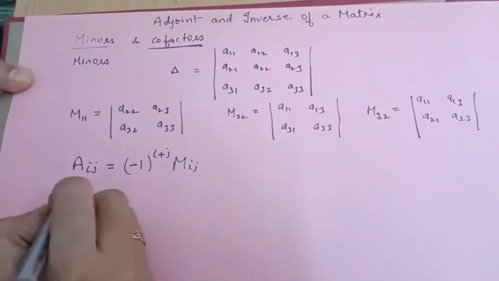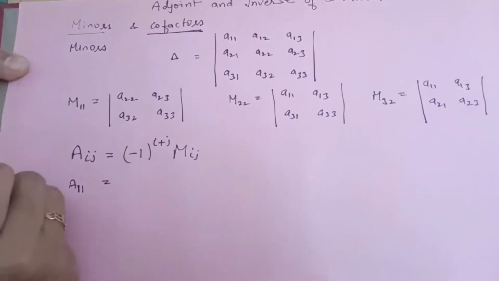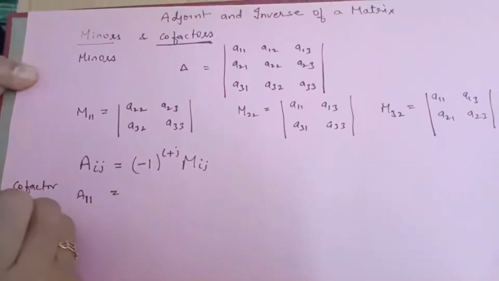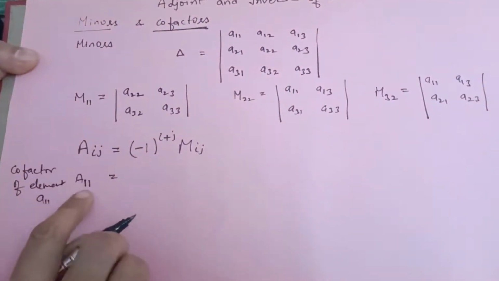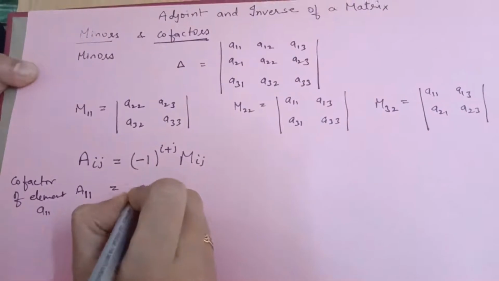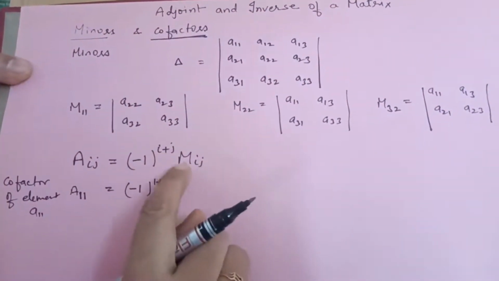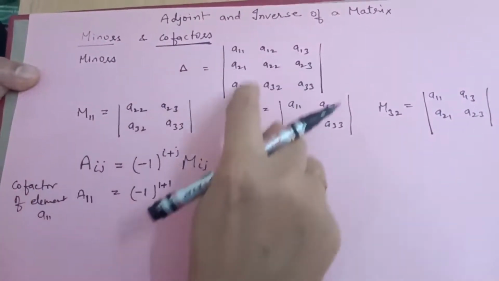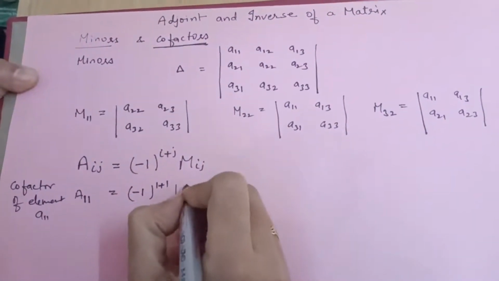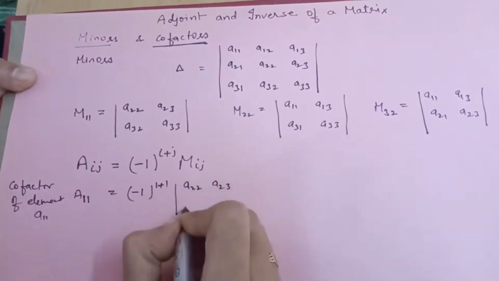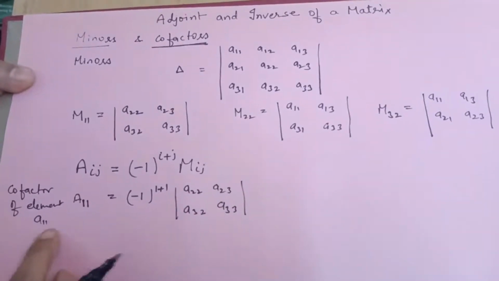Suppose I want the cofactor of element A11. It will be (-1) to the power 1 plus 1, the indices, times the minor of A11. Minor of A11 means deleting the first row and first column, which gives A22, A23, A32, A33. This is the cofactor of element A11.